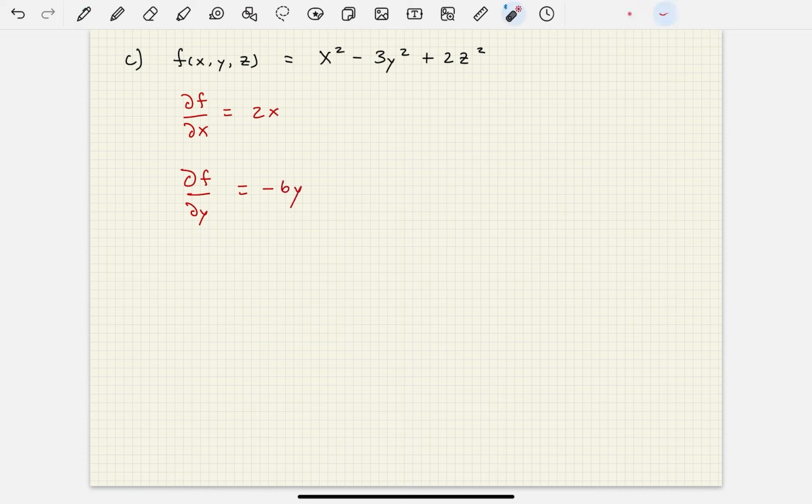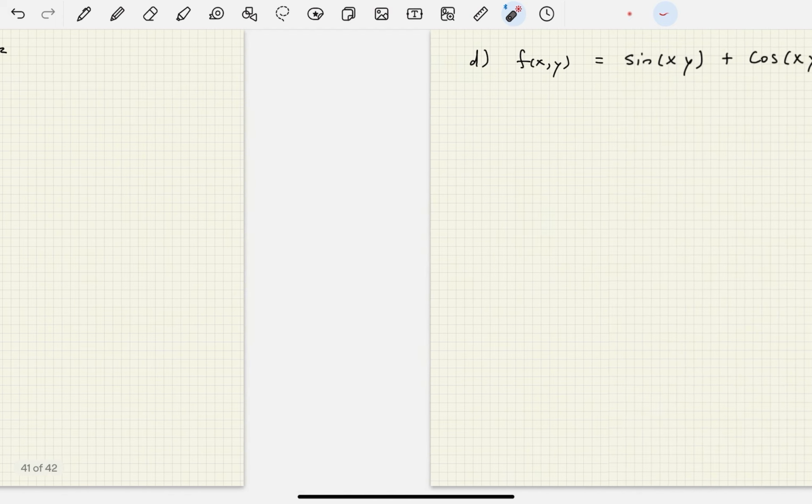And again, the reason is because we're differentiating with respect to y, so the x and z terms are going to go to 0 when we take those first order partial derivatives. And then finally, we'll get df/dz is equal to 4z. Again, the x and y terms here zero themselves out when we take that partial derivative with respect to z, leaving a 4z, okay?